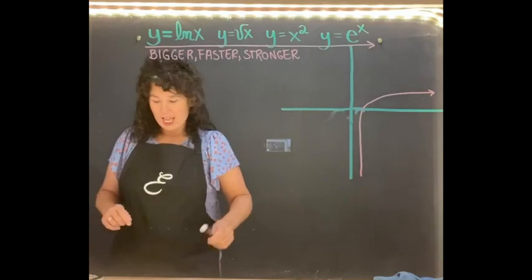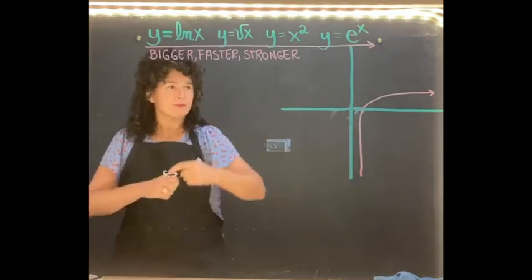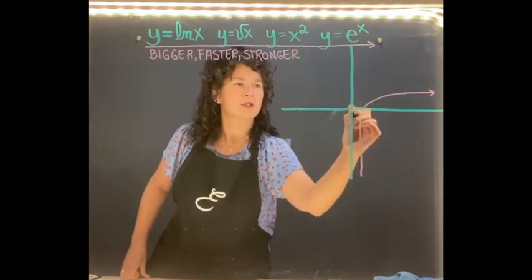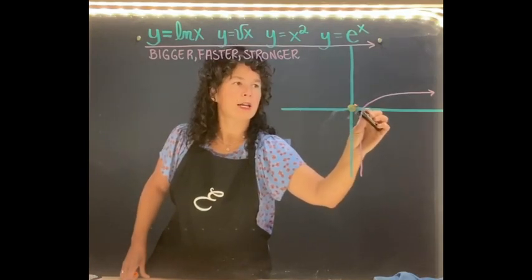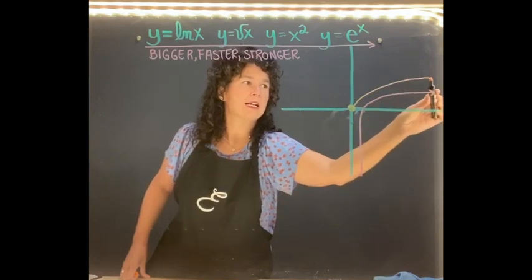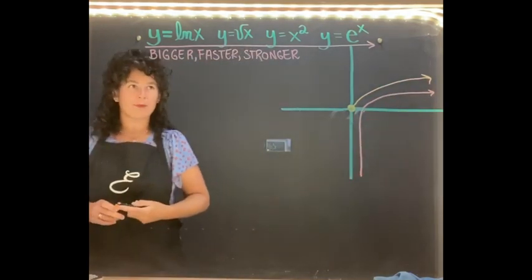Now, square root of x, that function starts here at 0, 0, and it climbs kind of slowly, but not nearly as slowly as the logarithm.